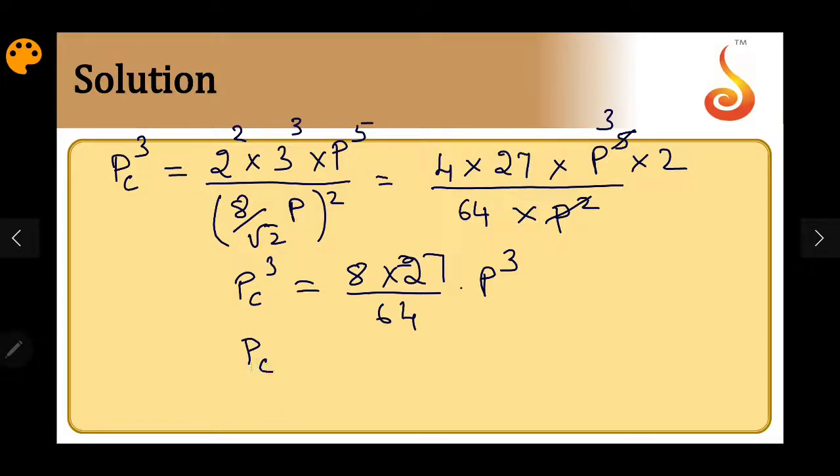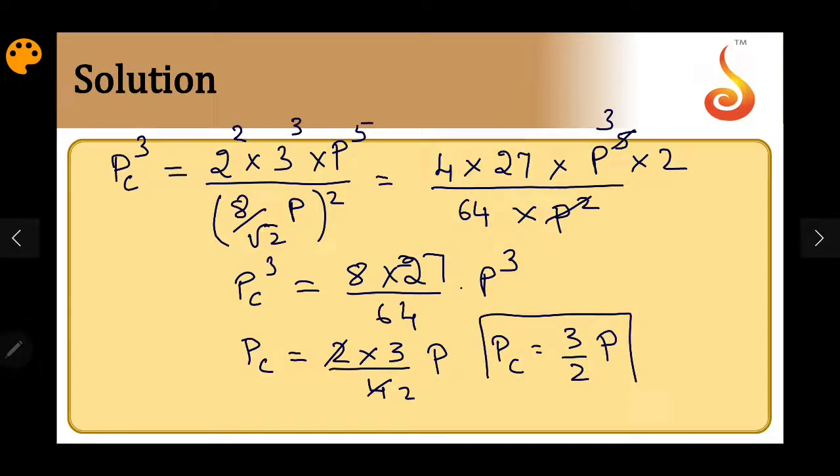So I can write PC is equal to the cube root: cube root of 8 is 2, cube root of 27 is 3, and the cube root of 64 is 4, into P. So 2 times 3 over 4, I can write PC is equal to 3 by 2 P. Now originally the initial pressure of PC was 3P. Now PC is 3P by 2.